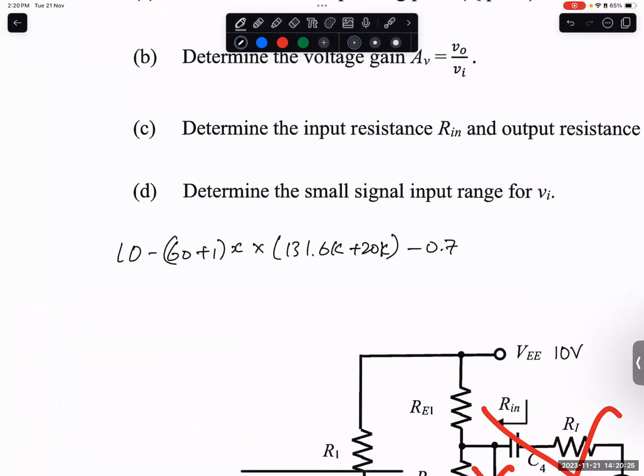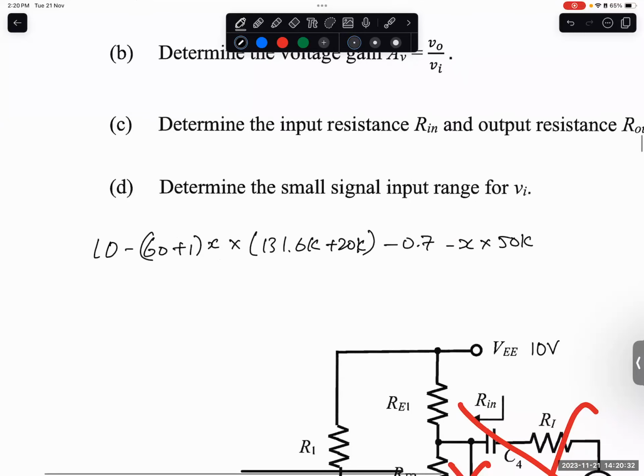Actually, if we get one micro, it means our answer is correct. Minus X times 50K.